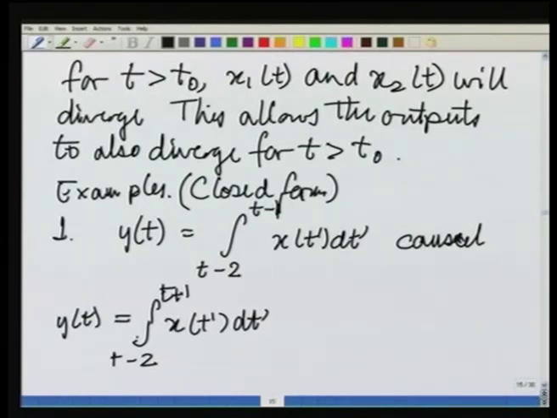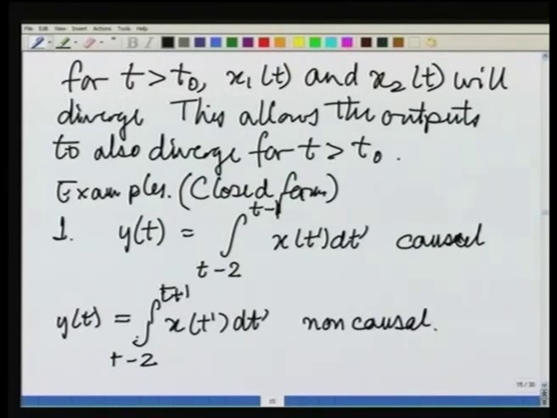In short, y t at t equal to 0 will also depend upon the values of x in the future of the point t equal to 0, namely in the interval of time 0 to 1. This makes the system non-causal.